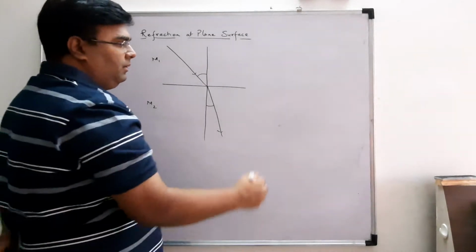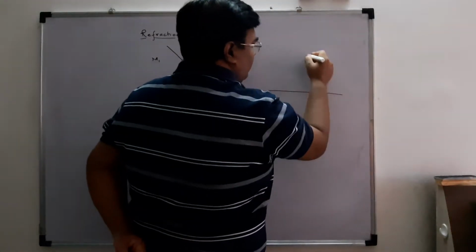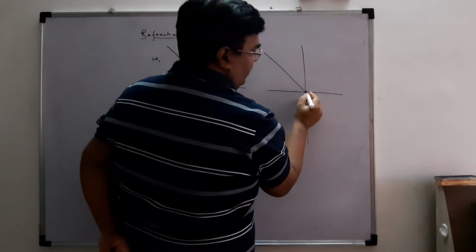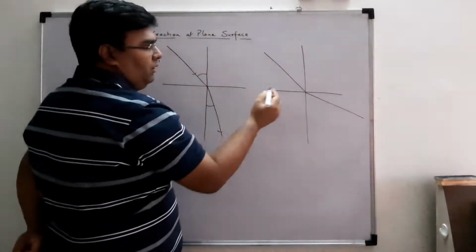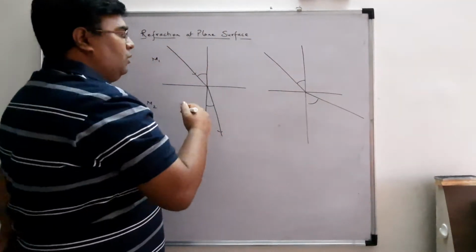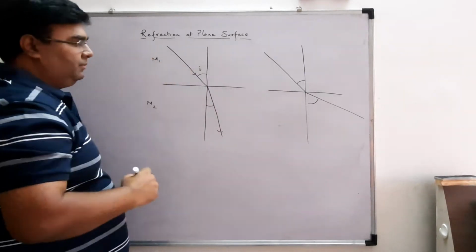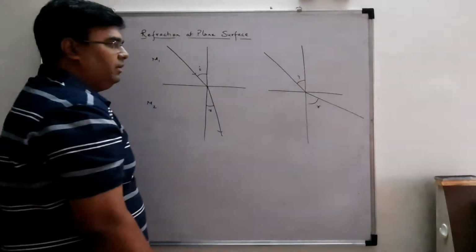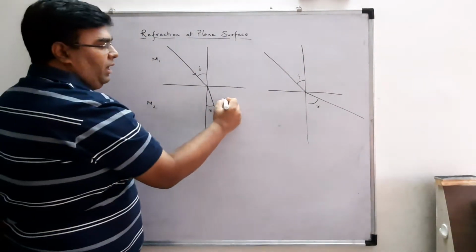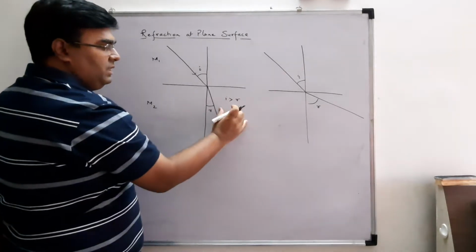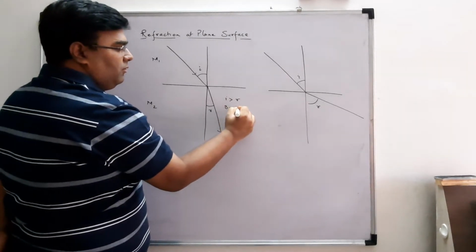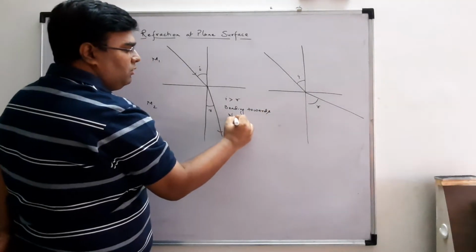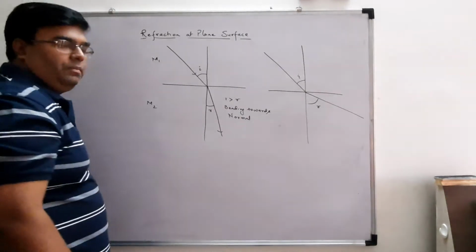Another thing which can happen, let us draw it here. It can move away from the normal. What is this angle? This angle is I. This angle is R. So when I is greater than R, we say it is bending towards normal.